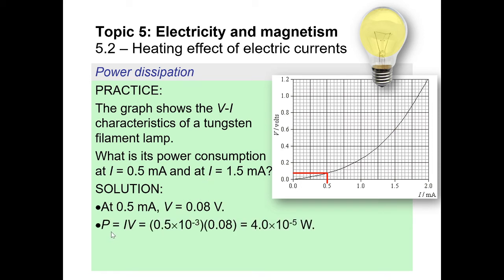Now, in order to find the power, you can either use the resistance we calculated or use the information directly from the graph, since I can find power using current times voltage. So just make sure when you plug in your current value, you're taking into account the milli prefix, so times 10 to the minus 3 times 0.08 volts. And we get 4 times 10 to the minus 5 watts. So watt is the unit for power.